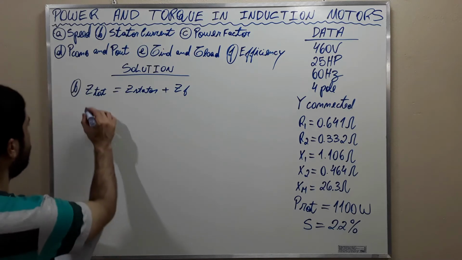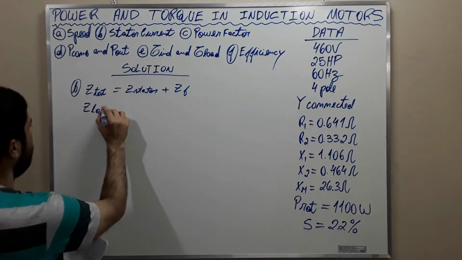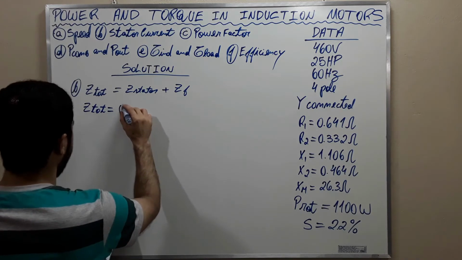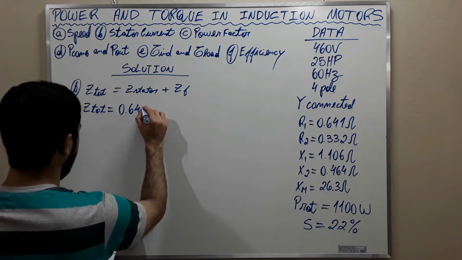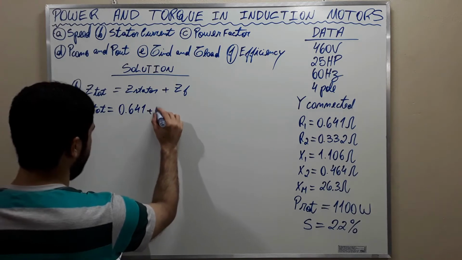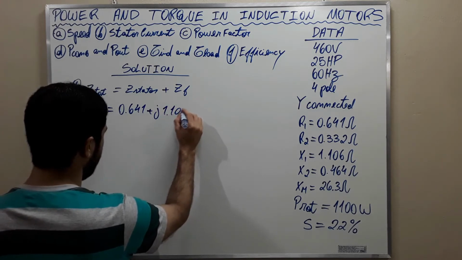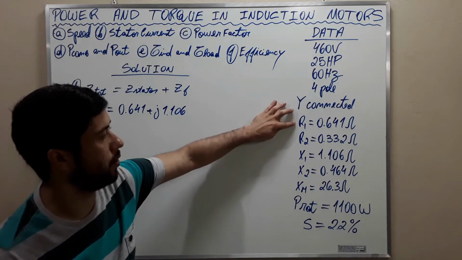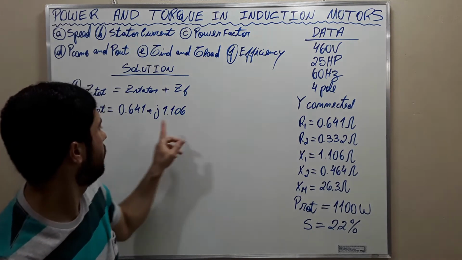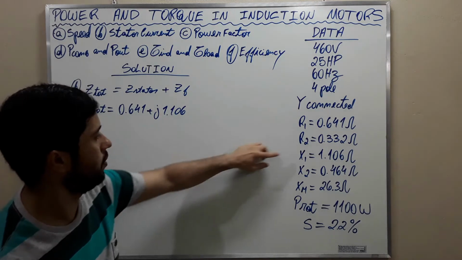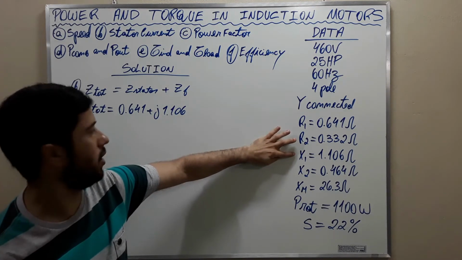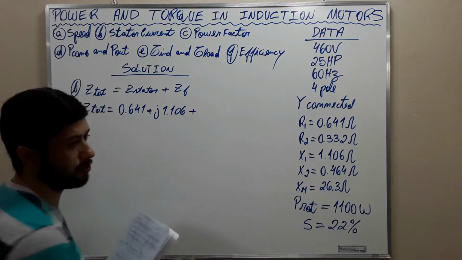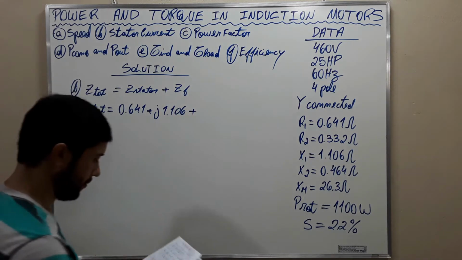So Z total is going to be 0.641 plus j1.106. Okay, the resistance plus j times the reactance, plus the value that we just calculated for ZF.